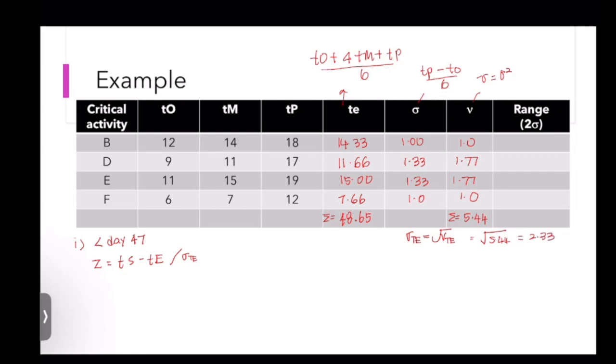So the standard deviation for the whole total expected time is 2.33. So now come back to the calculation.